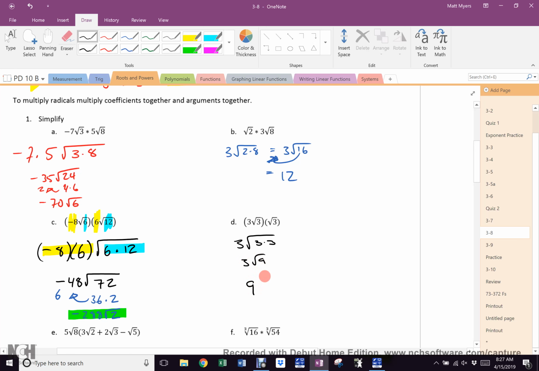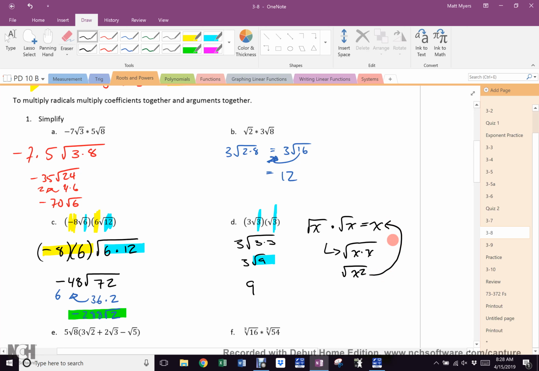Now I want to show you something here because this has a very useful little piece of knowledge. What happened when I did root of 3 times root of 3? What did I end up with? Root of 9, which is 3. So, if I have root x times root x, what is the answer? X. Right? Because it's the root of x times x, which is the root of x squared, which is x.